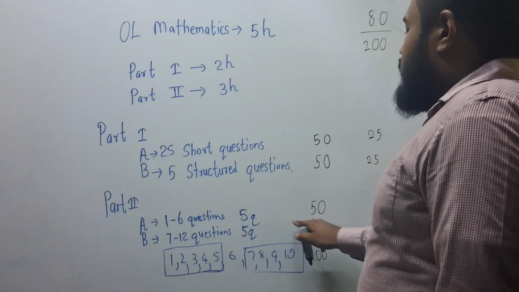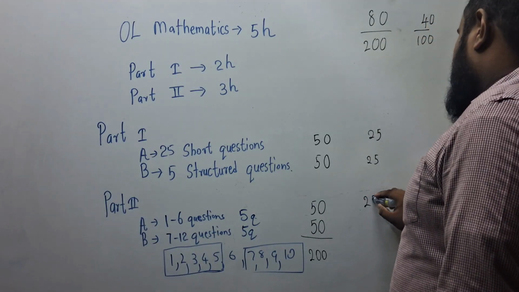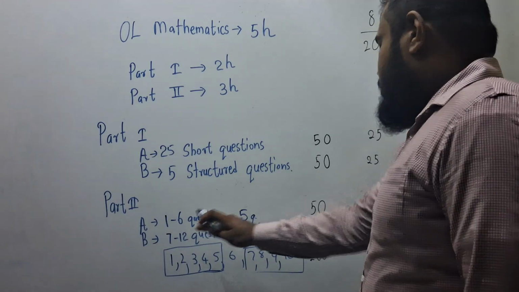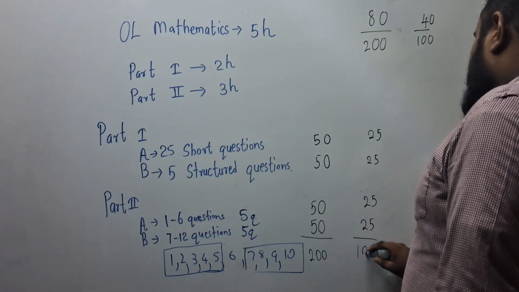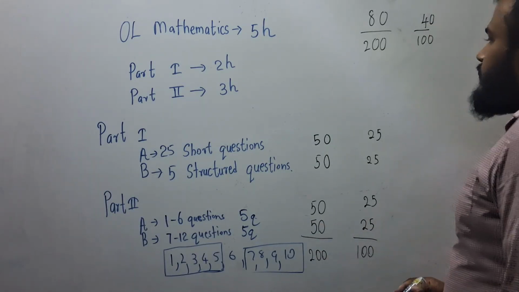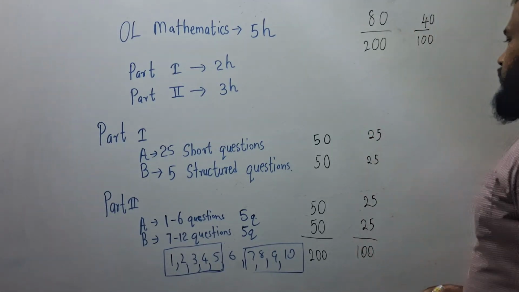For the 5 structured questions also, 5 marks for each, you are getting 25. For part B also, you are getting 25 marks. That's how the 100 marks are divided into parts.